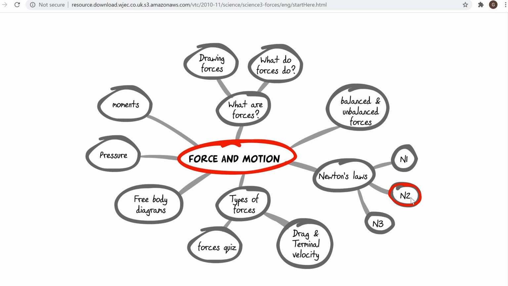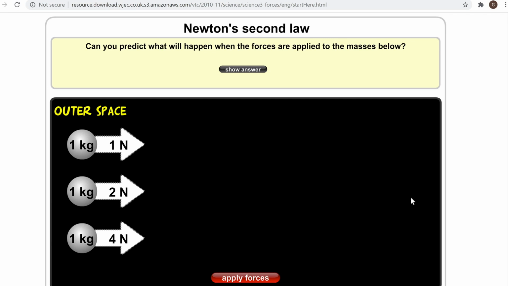Let's look at Newton's second law of motion. And the first question here is asking, can you predict what will happen when the forces are applied to the masses below? 3 identical masses, 4 different forces.